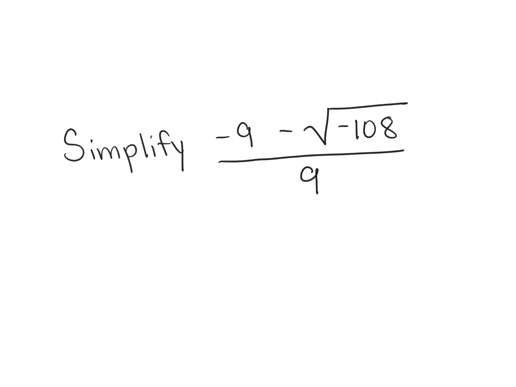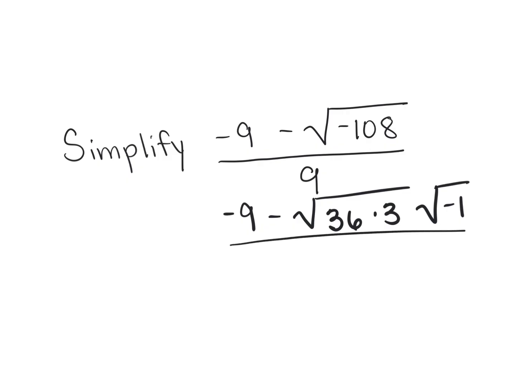The next question is a little bit of a refresher from 3.1, and it's showing you what's going to be happening from now on. So the first thing we're going to do is separate 108 and then the square root of negative 1. So 108 is divisible by 36, so that's 36 times 3. And then that whole thing is divided by 9. So we have the negative 9, and then we're going to subtract.